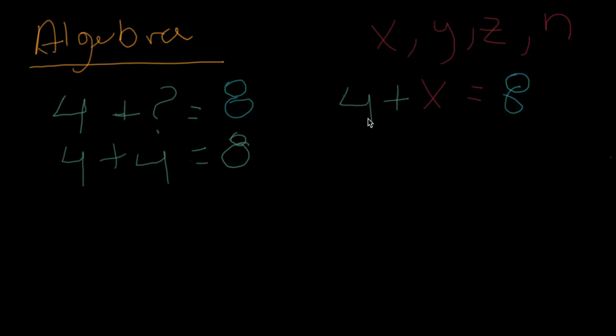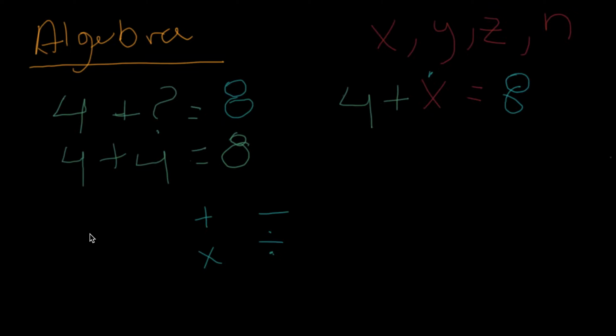Since here we're adding 4, we want to get this x variable by itself, so we do the opposite operation. If we see an addition, we're going to be subtracting. If we see a multiply, we're going to be dividing. If we see a divide, we're going to be multiplying. And if we see a subtract, we're going to be adding. And this is our order of operations actually.